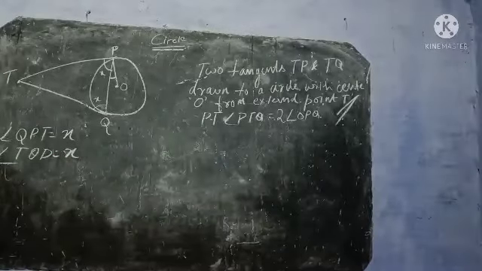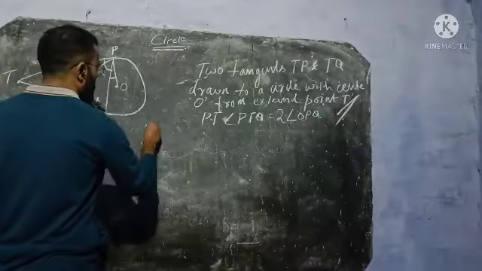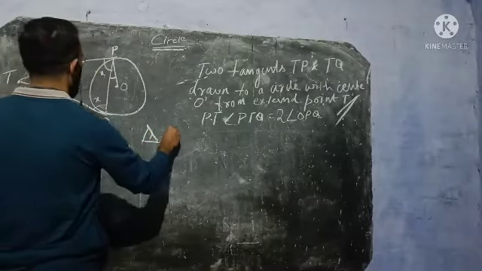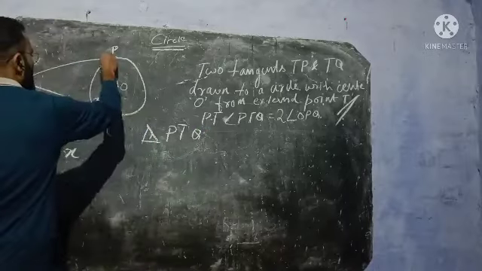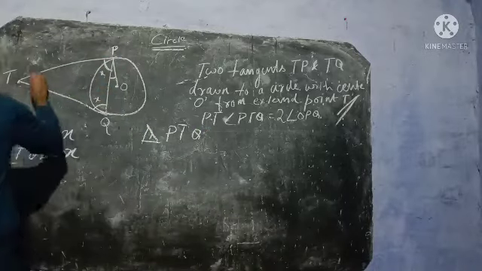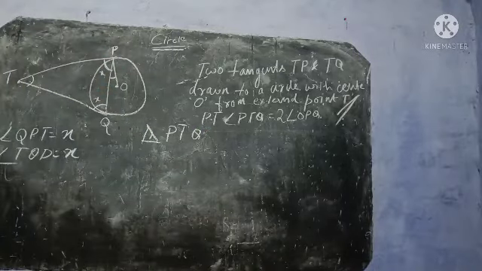Now look at triangle PTQ. This angle plus this angle plus this angle should be equal to 180 degrees.